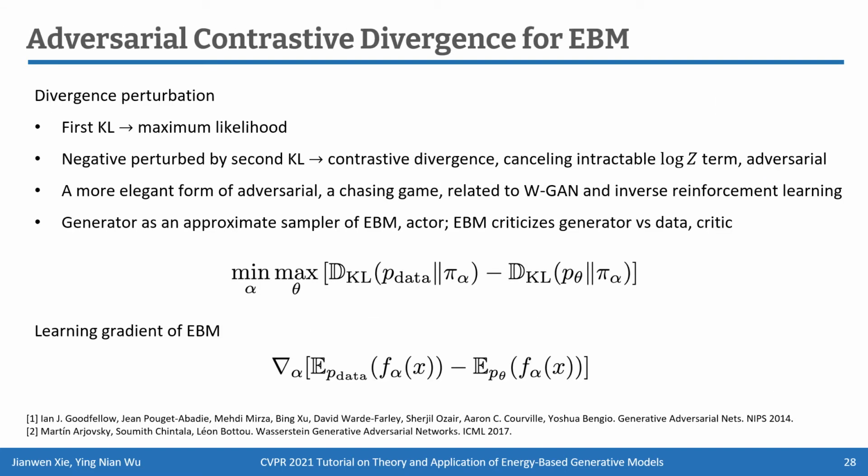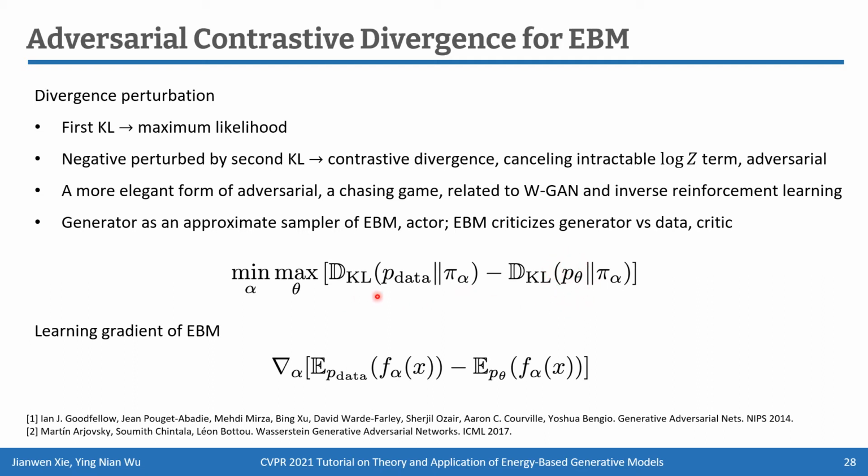We now try to understand the joint training of the energy-based model and the generative model, again, from the divergence perturbation perspective. And in fact, we can focus on this formula. So p_data is the data distribution, and pi_alpha, again, is the density of the energy-based model with parameter alpha, because we use theta as the parameter for the generative model, p_theta.